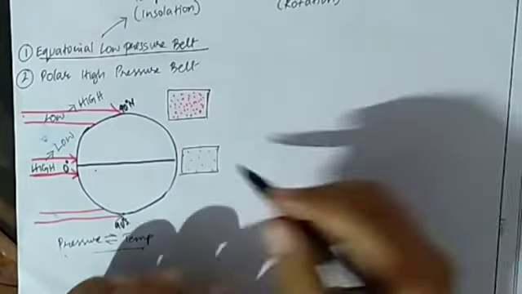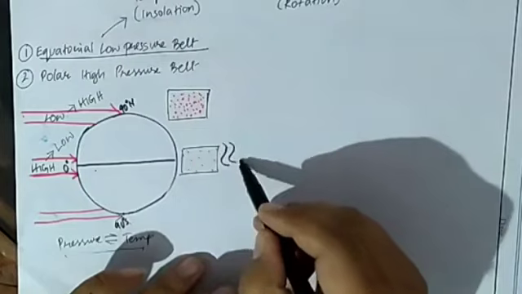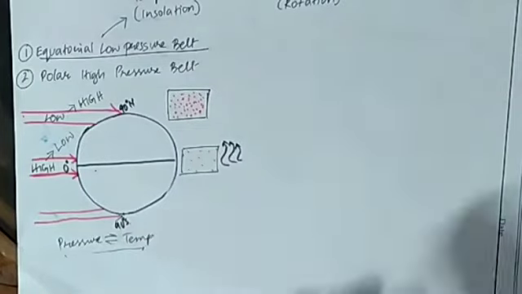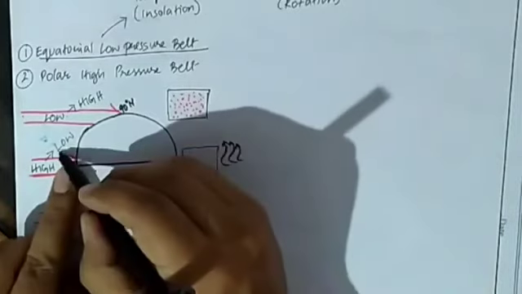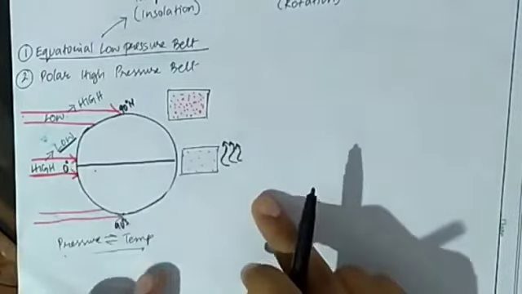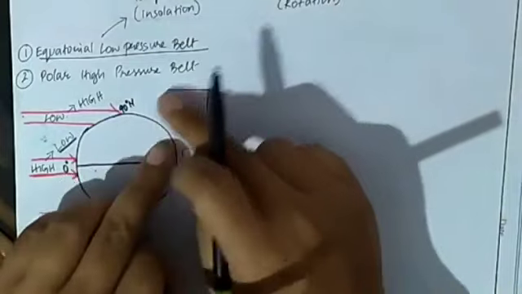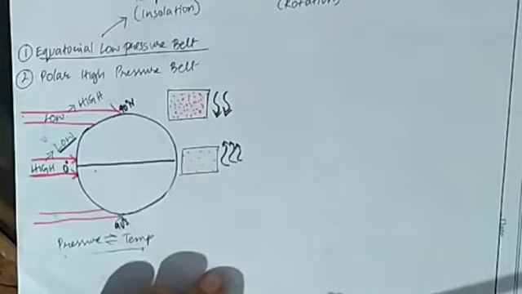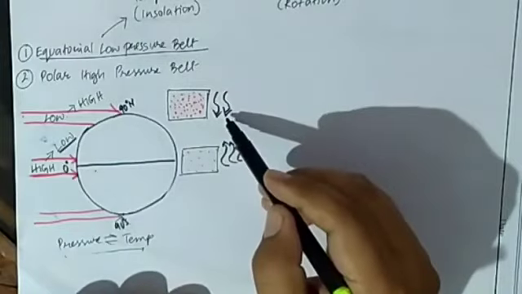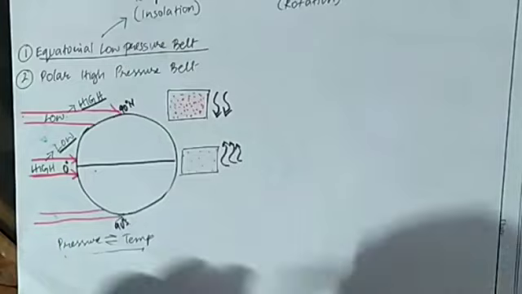The expanded, lighter air will start rising upward, and rising air will always result in low pressure. In the low temperature areas there is descending air, and descending air will always result in high pressure.